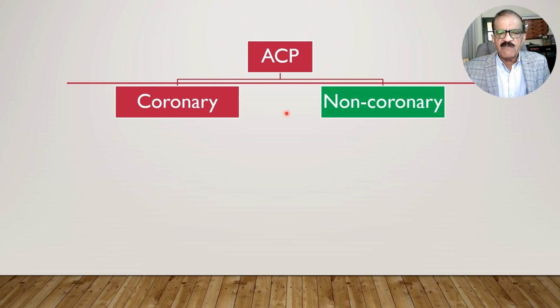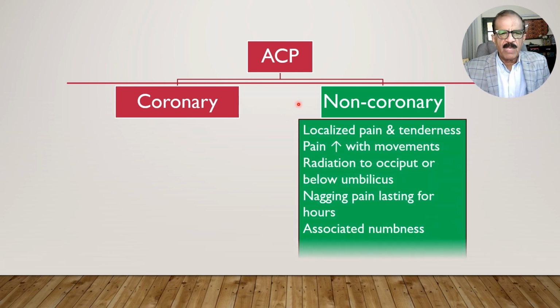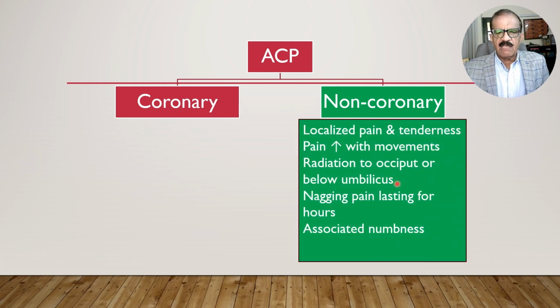So there are a number of things which can suggest that this is non-coronary. Non-coronary, of course, is a big group, but I've just included those conditions which are common. So these are the features. If somebody has chest pain and has any of these or multiple of these features, this would suggest a non-coronary cause.